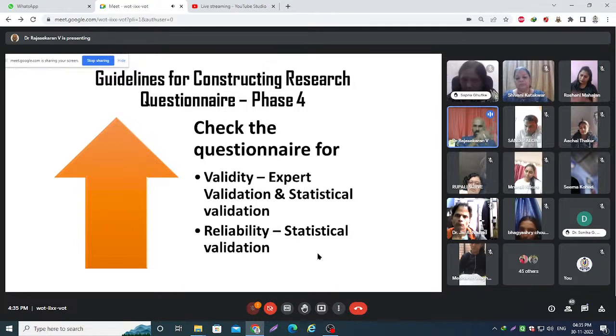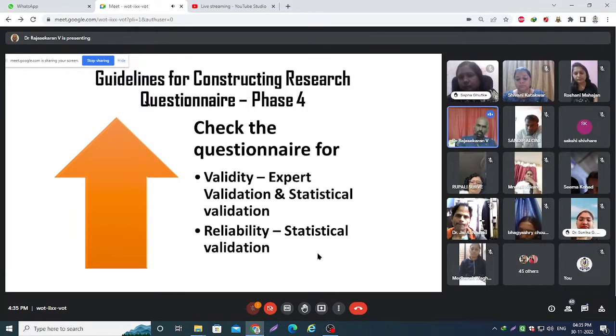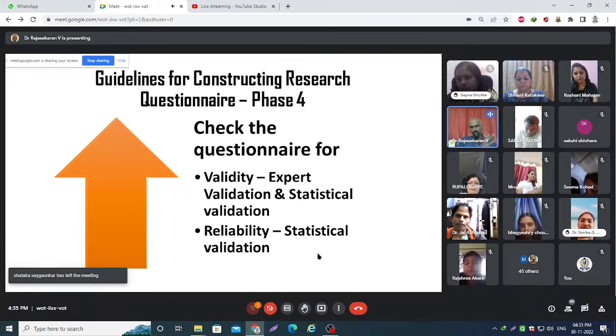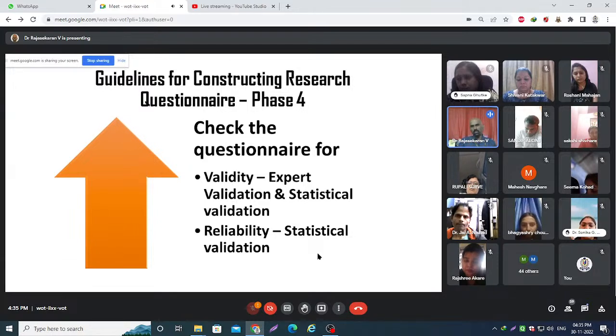Instead, identify in your own state some other reputed college, identify some professor who is an expert in HR, and give this questionnaire to him. He will go through the entire questionnaire. Finally, he will certify, or he will give what you call a validity certificate, or give it with his comment. He will say that you change this or that, or it is fine. Once you have obtained those, you can mention in your thesis or research paper that the questionnaire has been validated via expert validity. Also, you can do that.